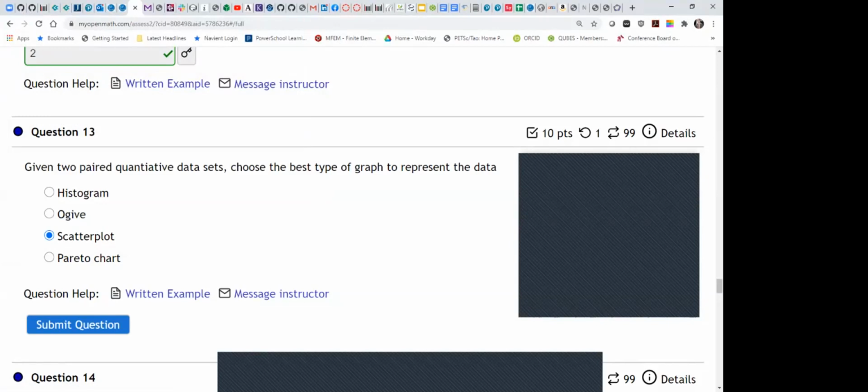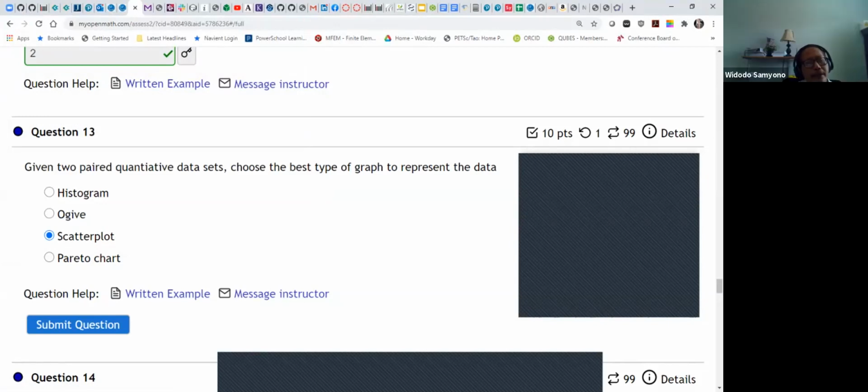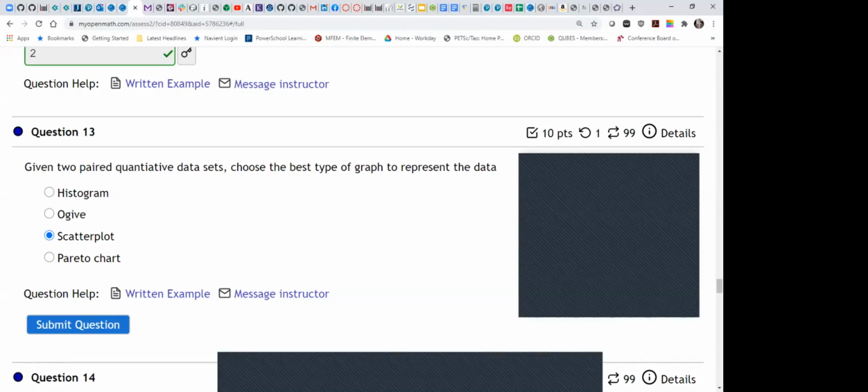Because you have two different variables, you show both of them. So the connection between those two data sets will be a scatter plot, okay?